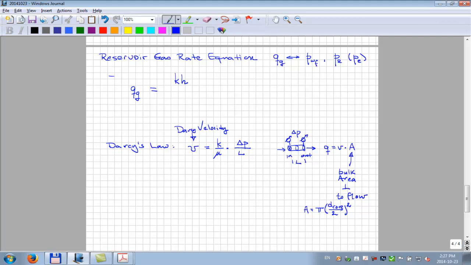But the area we use, if I'm flowing this way out towards y'all, is through this core, the bulk area. It is this big, even though the actual flow is only through, well, this is 10 centimeters? I don't know. Yeah, about 10 centimeters diameter.